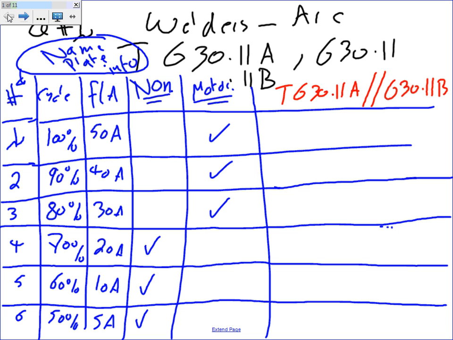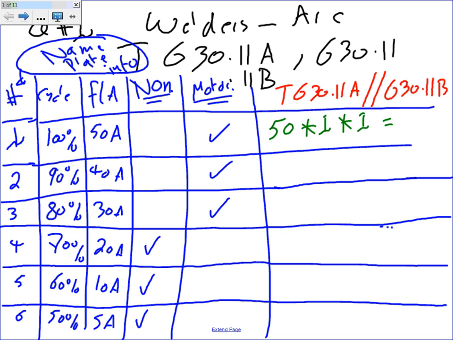The first thing, you start with welder number 1. The full load amp of welder number 1 is 50. You multiply by the first multiplier, which is 1, and then by the second multiplier from the table. The second multiplier is for the cycle; since the cycle is also 1 and it's non-motor, the derating factor from the table is 1.